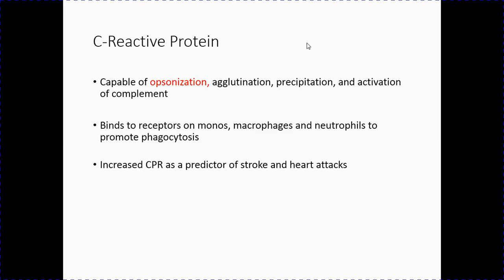And as I just mentioned, it's a great predictor of stroke and heart attack, and for tracking tissue damage when you see an increased level of C-reactive protein in the serum. So when you think of C-reactive protein, think of opsonization and complement activation, which we'll talk about another time, but also think of it being increased in heart attacks and strokes, someplace where there's a strong degree of tissue damage.